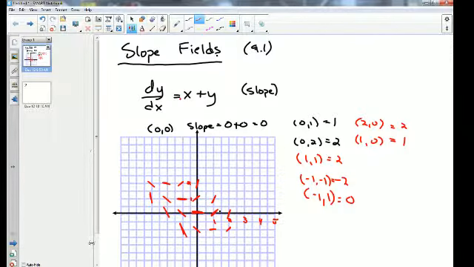Yeah, right. Okay, so you've just drawn a slope field. Yeah, you'll get some practice.